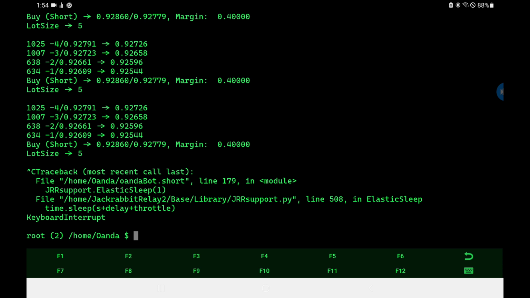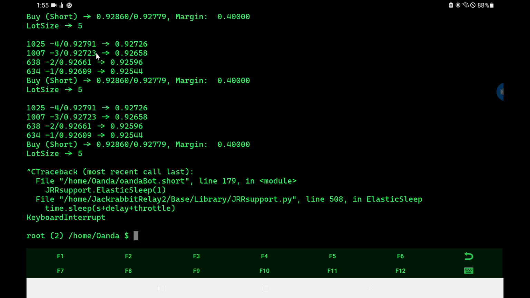So as you can see, here is each position, the ticket numbers, the actual price we purchased, and then the price that we make our profit.